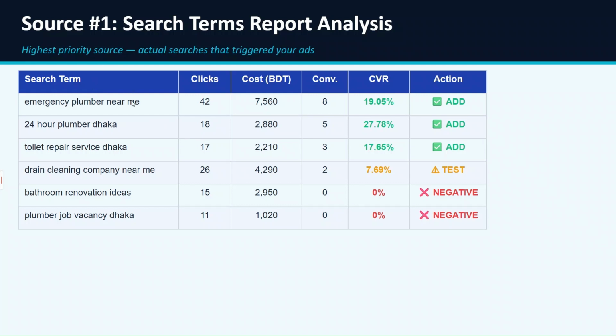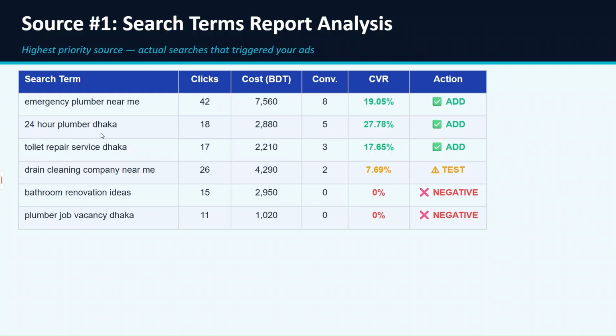First one, you can see plumber nearby: 42 clicks, 8 conversions, and almost 28% conversion rate. That is even better. We add this as an exact match keyword. Then, toilet repair service Dhaka.